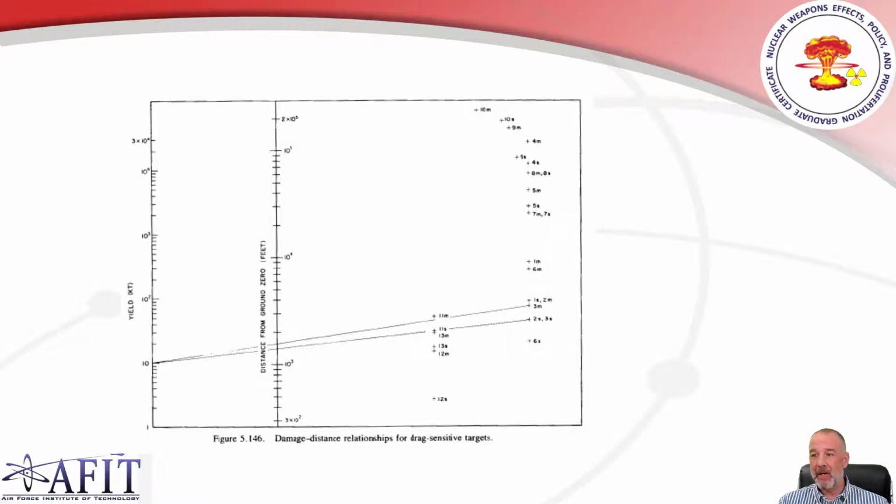Now, drag sensitive targets that are above and beyond what we just looked at, and these are things like vehicles. Again, there is a complete list of what these things are by number in the textbook. This is just doing the same thing, except there's not a difference in yield. There's just a single yield.